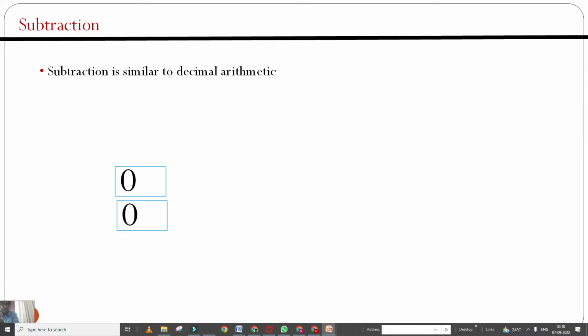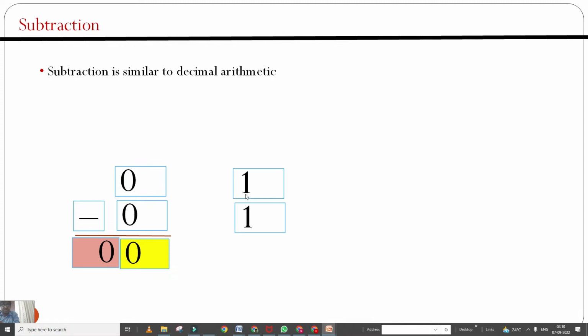So 0 minus 0, the result is 0 without any borrow, because both are the same digit. When the minuend is 1 and the subtrahend is 1, the result is 0 with borrow 0.